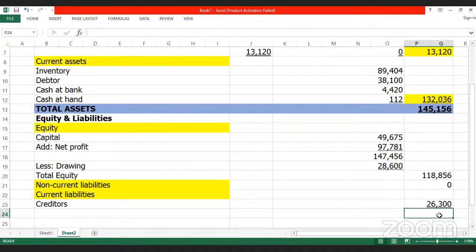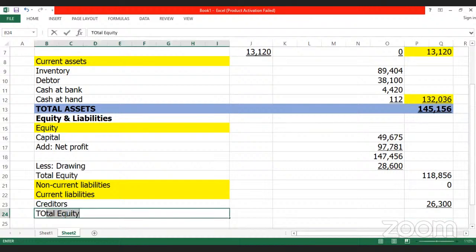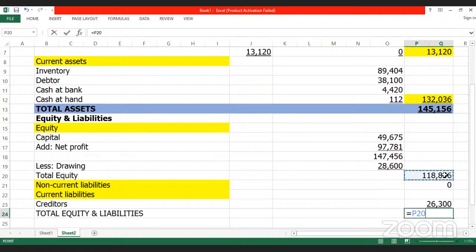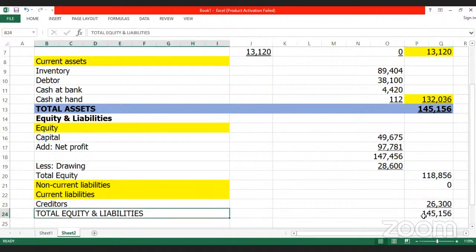So now we can get the total equity and liabilities. I'll get our total equity. We add the current liabilities. We get 145,156.